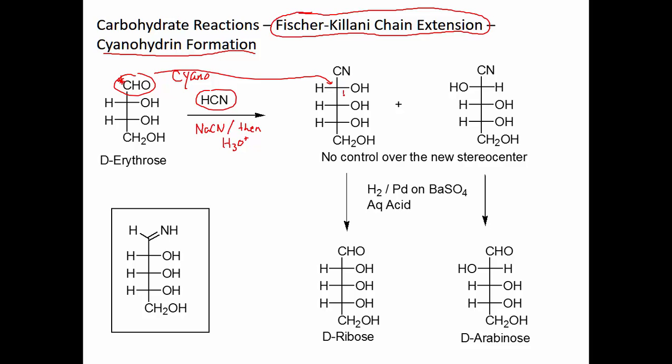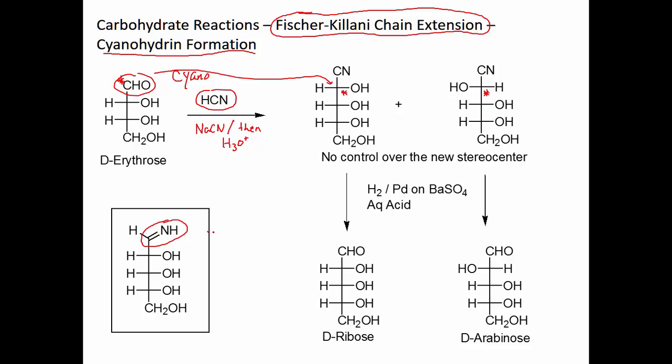And note now that whereas this carbon in the starting material is sp2, it's sp3 here, and it has 4 different things attached. So this new stereocenter, we don't have any control over it, so we get both of the diastereomers, okay? All right, when we reduce this, we're going to reduce it in the presence of aqueous acid, and what happens here is that the nitrile, it's got to make the imine first.